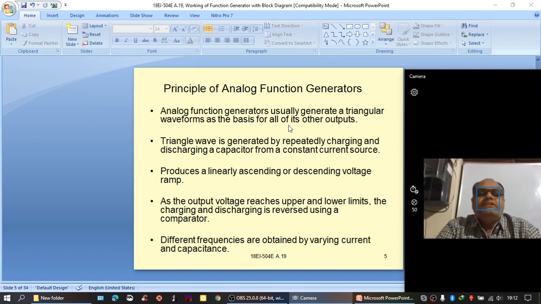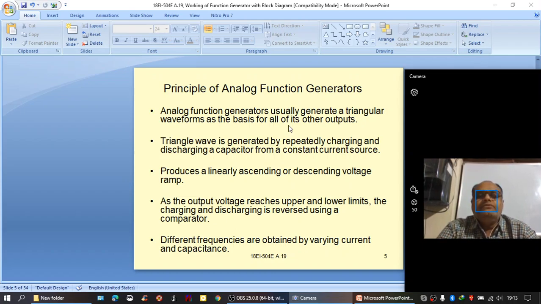Analog function generators usually generate a triangular waveform as the basis for all of its other circuits. Triangular waveform is the basic waveform that is generated in a function generator. All other waveforms are derived from the triangular waveform.